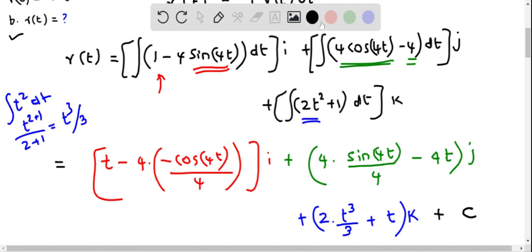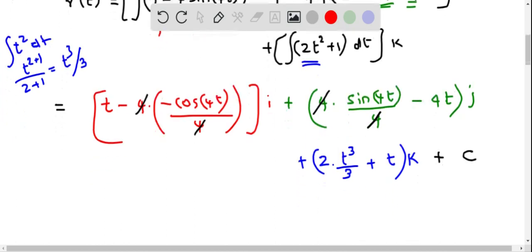Let's simplify each of the terms. We can cancel this 4 with 4, as well as this 4 with 4. The i component has t, and negative times negative is positive, so it becomes t plus cos of 4t.